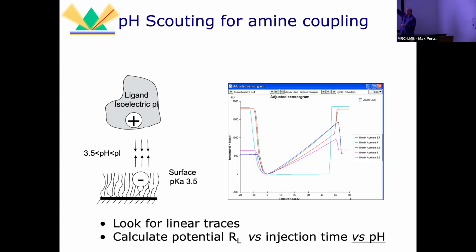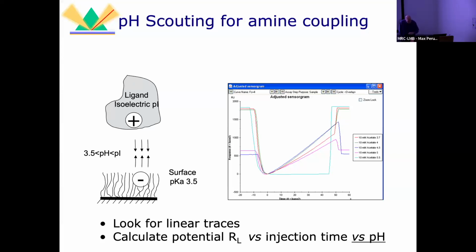There's a little scouting program that you do, and again it's just different pHs. You want to look for linear traces, where you can say, right, I know how much is going on in a certain time. So if I want to get to a certain level of binding, then if I do it for 2 minutes at this pH, hopefully I'll get that.